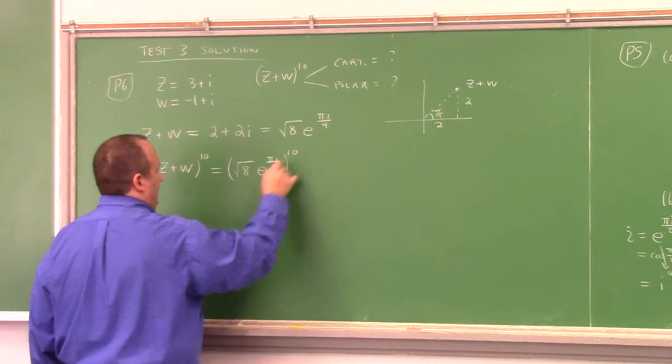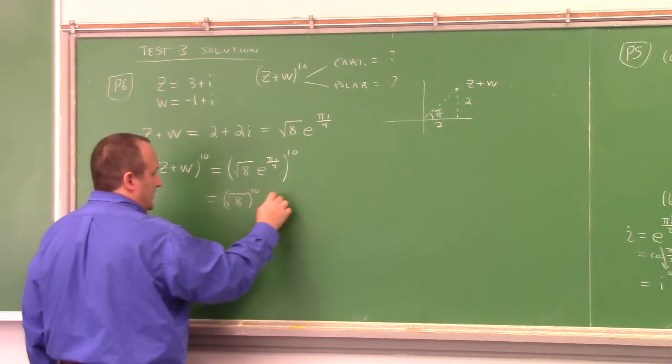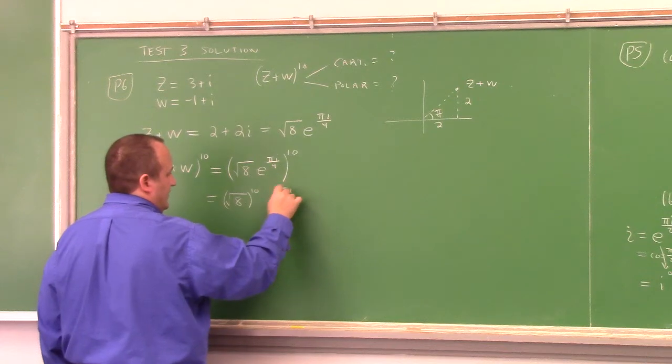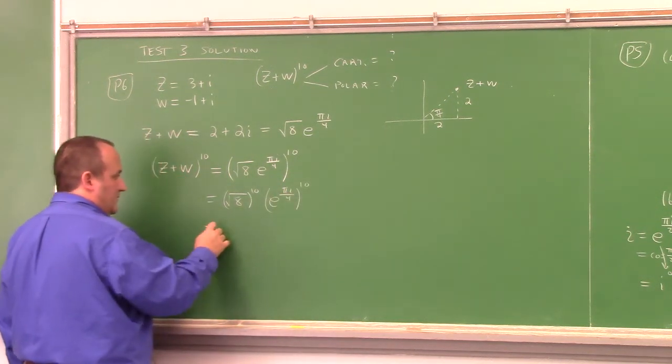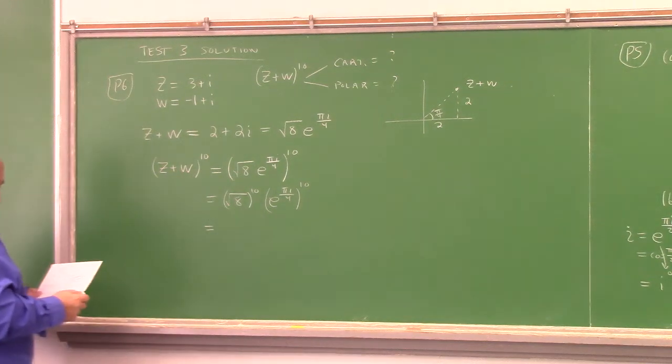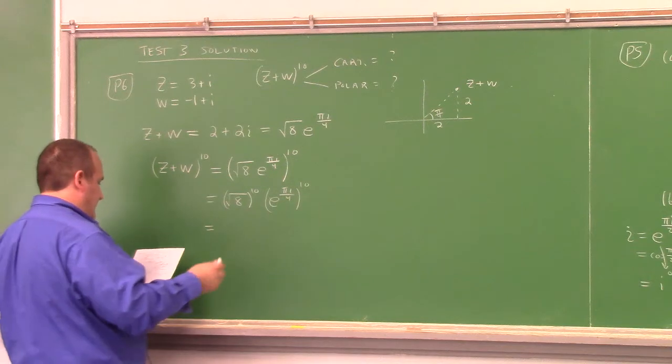Right? So we've got square root of 8 to the 10th power, which is something horrible, but it's manageable. And e to the pi i over 4 to the 10th power, right? So the square root of 8 to the 10th power is actually 32,768.